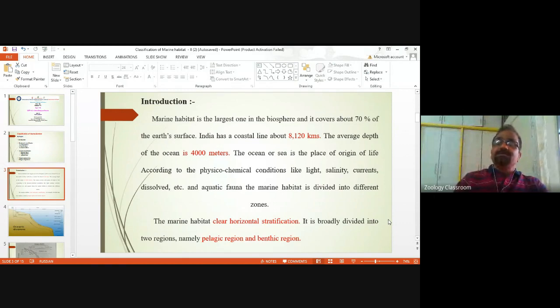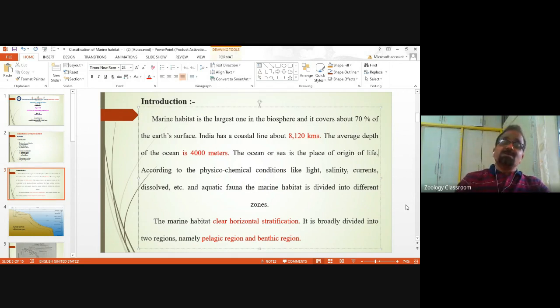And we, as India, have a coastline of about 8,120 kilometers with an average depth of 400 meters. Ocean or sea is the place of origin of life, or it is also called the cradle of life.